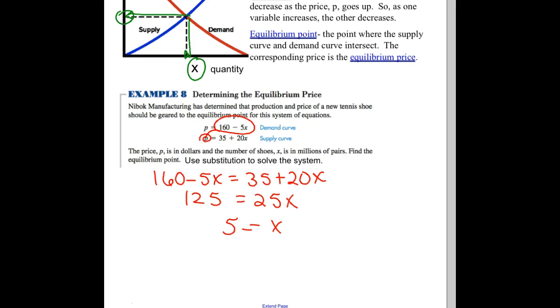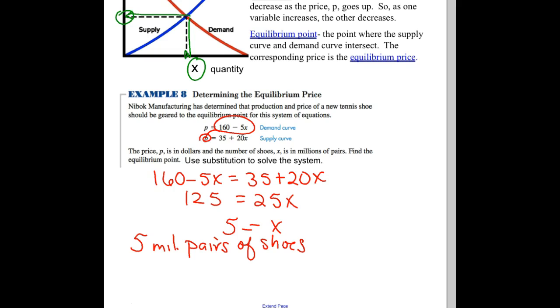what did they say x stood for? Millions of pairs of shoes, right? So we're going to make 5 million pairs of shoes. And now we just need to figure out what price are we going to sell them at.